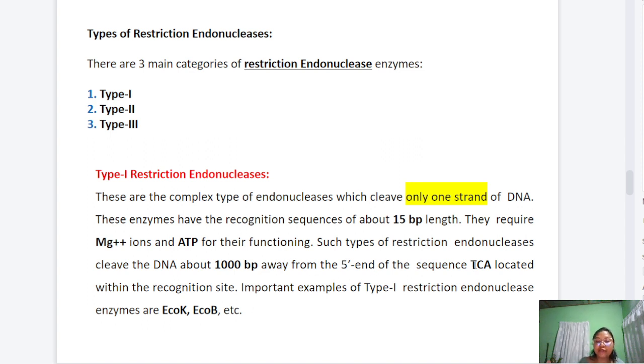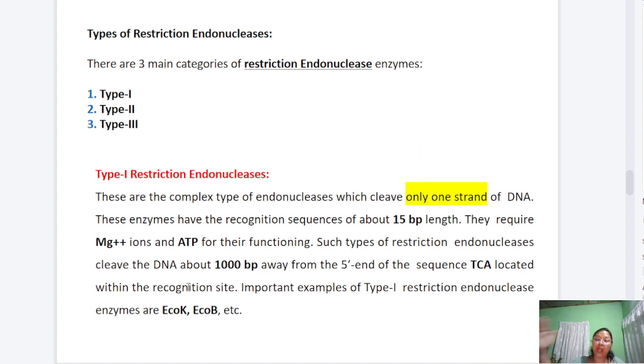Now, such types of restriction endonucleases would cleave the DNA about 1,000 base pairs away from the 5' end of the sequence TCA located within the recognition site. So what will happen is these type 1 restriction endonucleases will identify the recognition site. Once they identify the recognition site, the cut will not happen there.